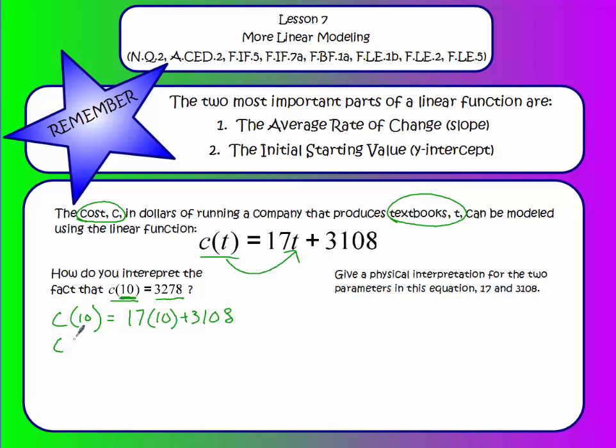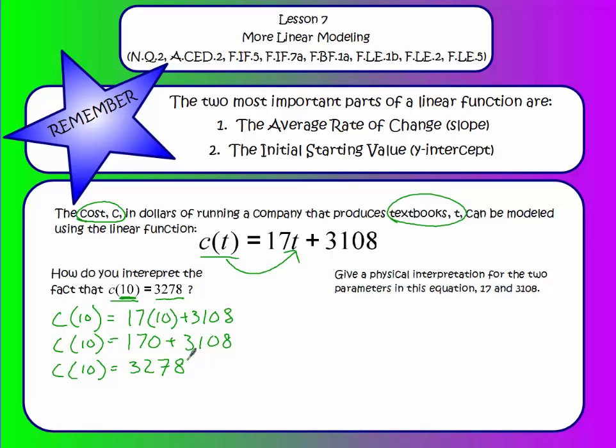So C of 10 equals 170 plus 3,108, and therefore C of 10 equals 3,278, which is no surprise because that's exactly what this question told us. So what does this mean?